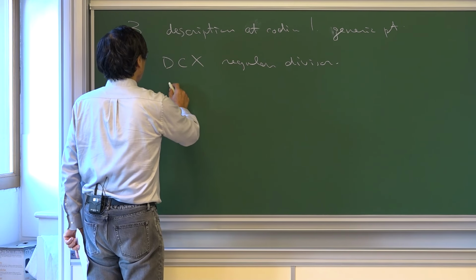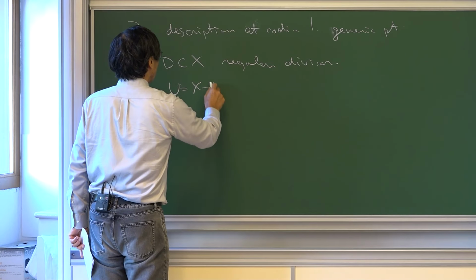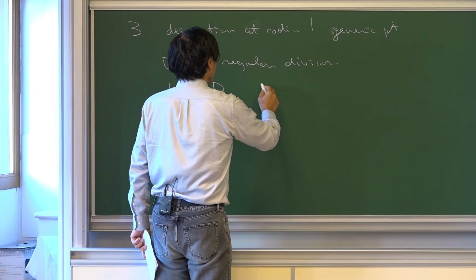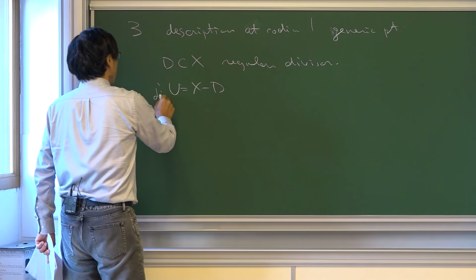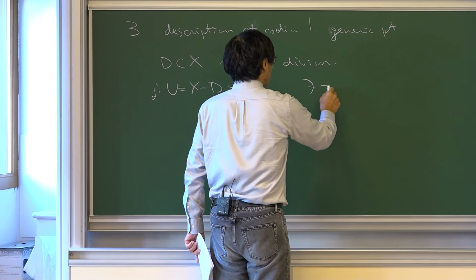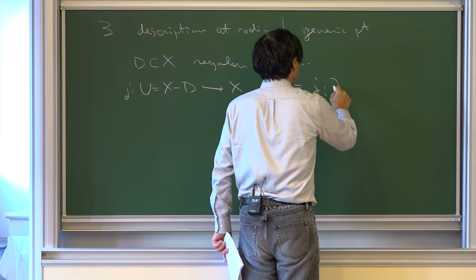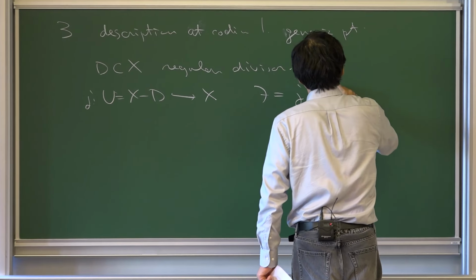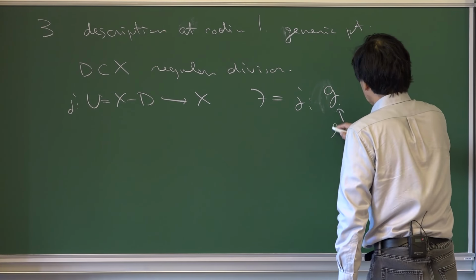So U is the complement, j is the open immersion, and let's say F is the zero extension, and this G is locally constant.